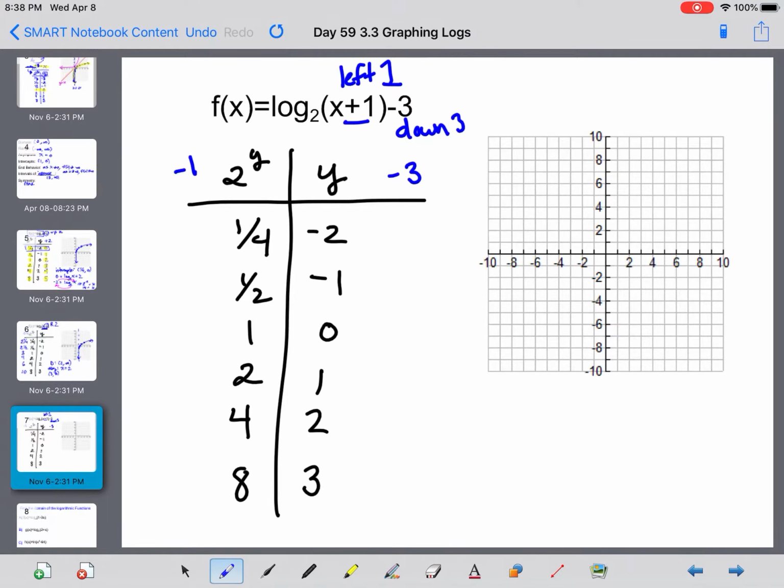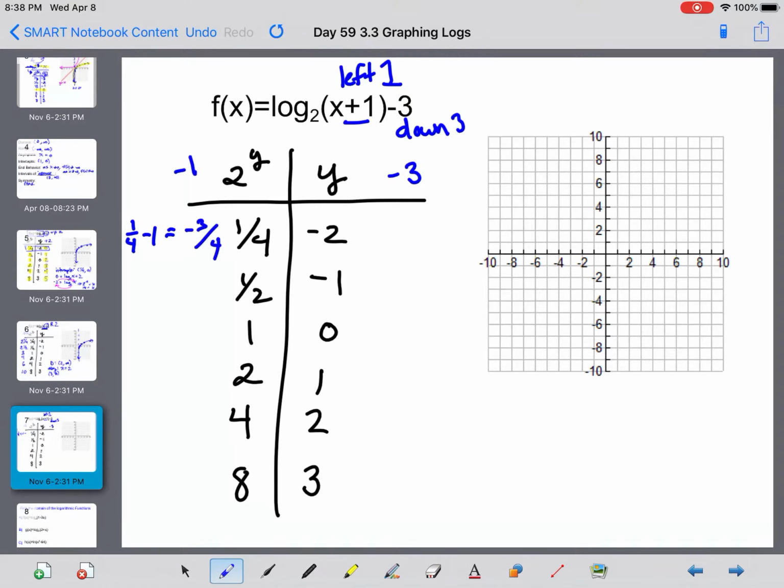So again, I'm going back to that base function. This is my table for y equals log base 2 of x, and then from the table I can easily apply these transformations. Now when you are subtracting things away from your x value or from your y value here, it is going to be that value minus 1. So this is going to be 1/4 minus 1.